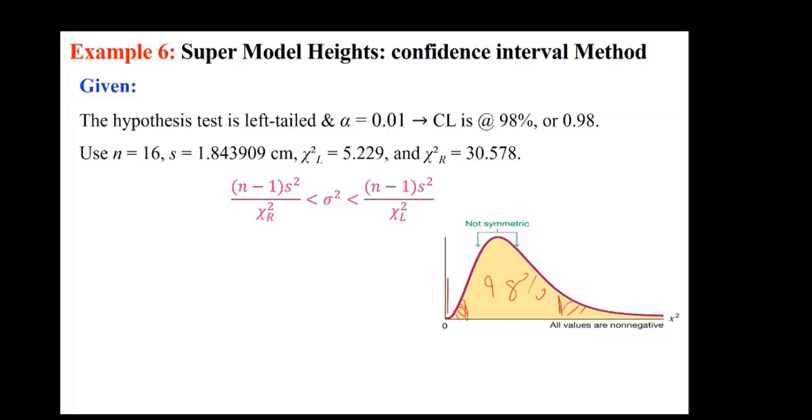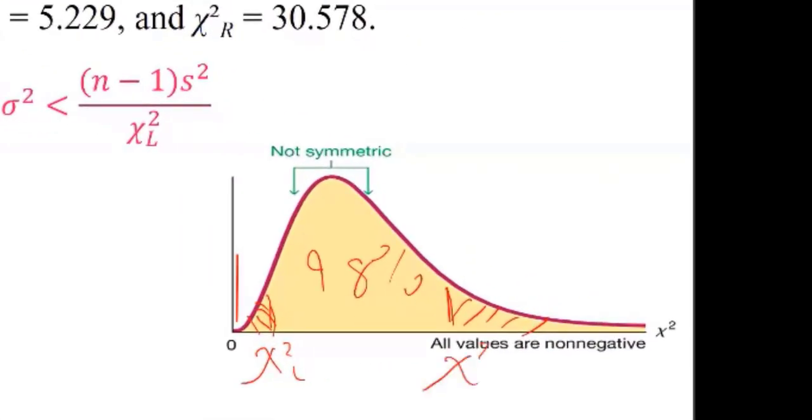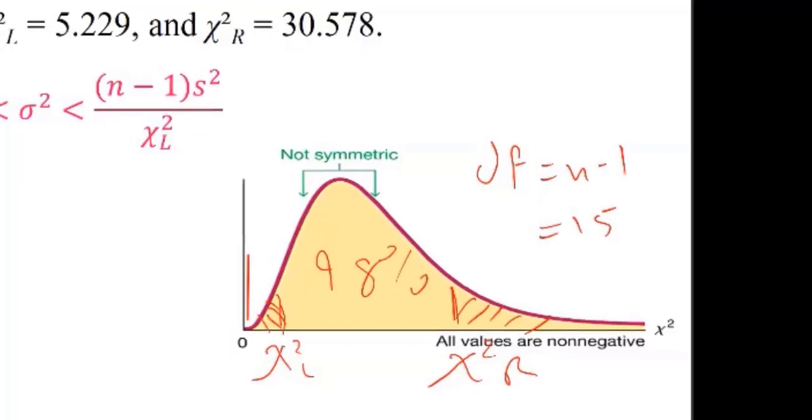We put another 1% on the right, to make it 98% in between. So you need to look up the chi squared of the left here, chi squared of the right for degrees of freedom of n minus 1 or 15, and you use them accordingly.